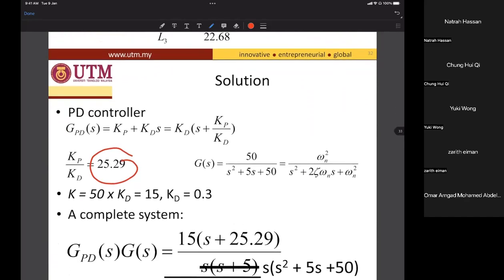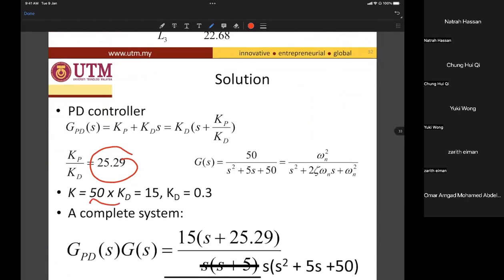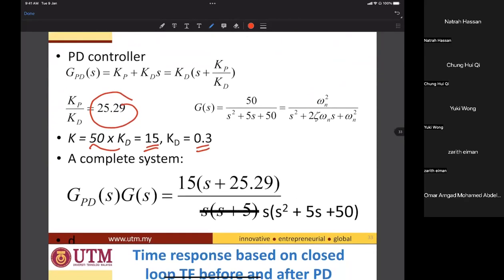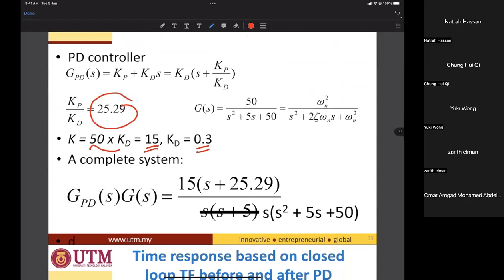Then multiply by 50, the existing gain, so it becomes 15 and Kd 0.3. So now the complete system is 15 S plus 25.29 S over S squared plus 5S plus 50.